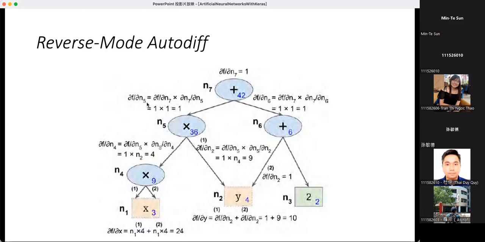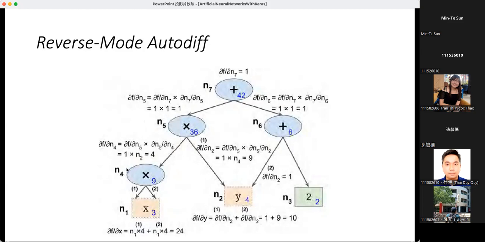So partial f partial N5 is partial f partial N7 times partial N7 partial N5. Partial f partial N7 is 1, which we already know. And partial N7 partial N5 is 1, because N7 is N5 plus N6, and N6 has nothing to do with N5. So 1 times 1 is 1. So far, so good, right?